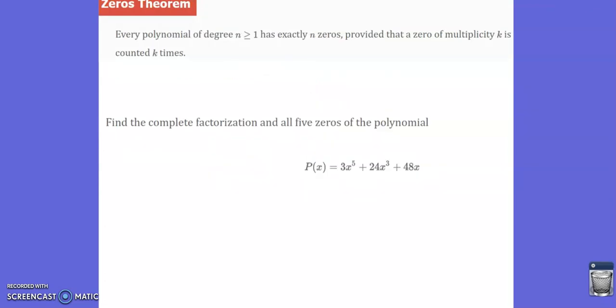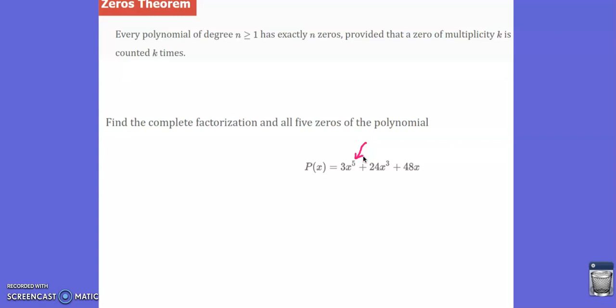So every polynomial of degree n has exactly n zeros. So that's nice to know. So it says find the complete factorization and all 5 zeros. So notice this. Earlier we talked about, because the exponent's 5, it has at most 5 real zeros. But here the theorem says, whatever the degree is, it has that many complex zeros. So that literally has 5 complex zeros.